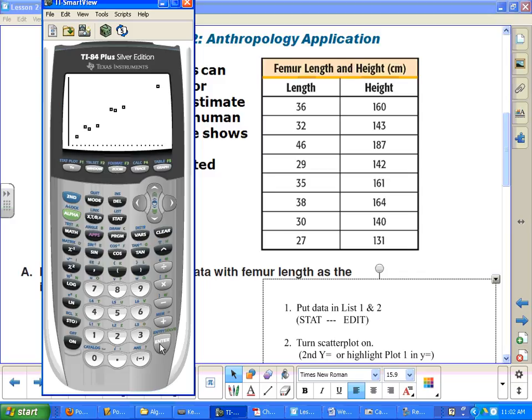Okay. What's that? Oh, okay. All right. We got a problem here. I'll take care of it. There you go. Okay.